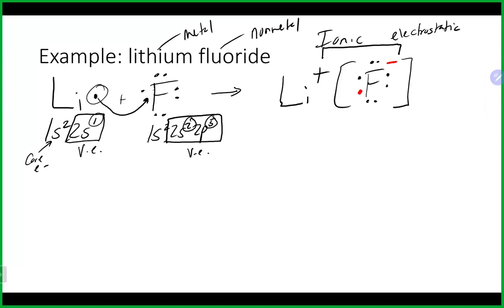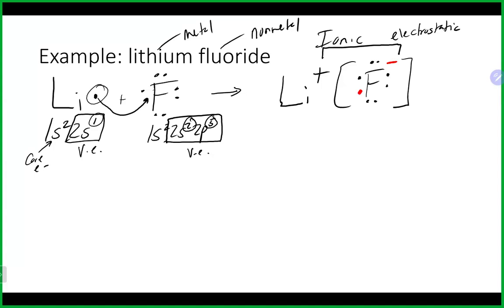There is absolutely no sharing of electrons here. That is also why, when we draw an ionic compound, there are charges on the right-hand side. Those charges indicate that the electrons are not being shared. Sometimes people put a bracket around one, like I did, and sometimes around both, just to indicate that those electrons are not being shared.